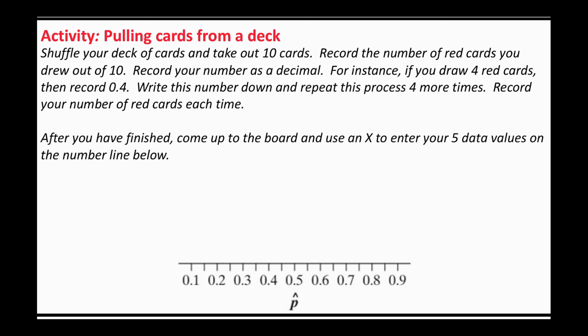If you don't know how to shuffle, just turn them over and shuffle them. There's a colored one and a black and white one. You should have 52 cards.